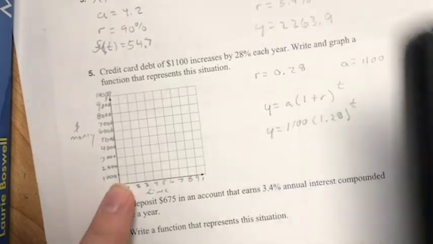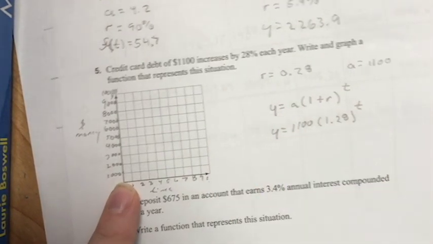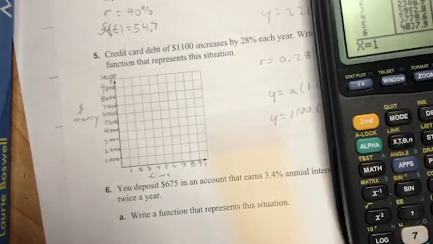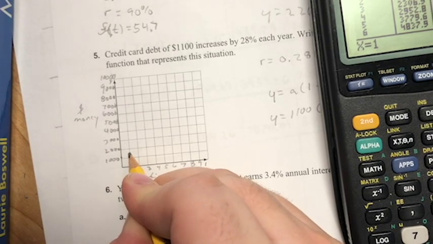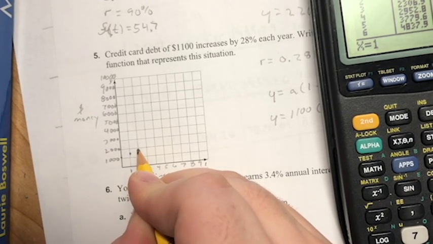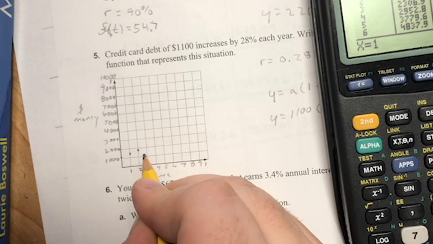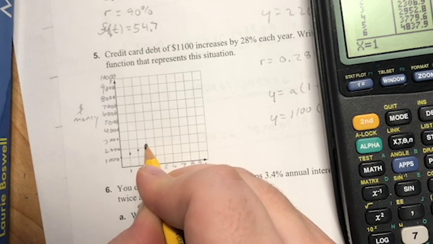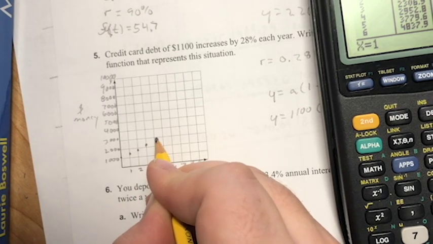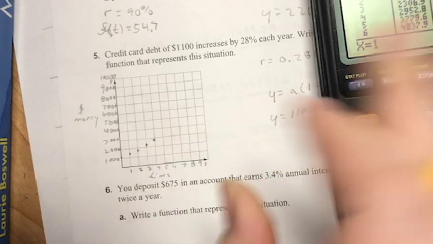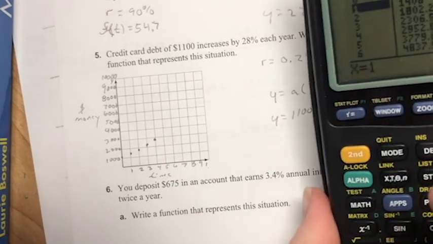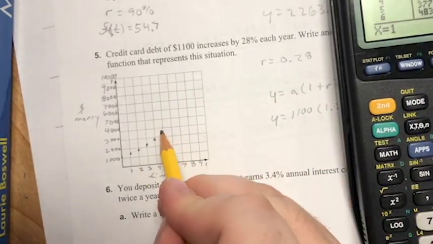And then if we go a little farther, 1 year would be about 1,408, so it's about halfway. 2 years would be a little bit more, and we can't be exact on this just because we don't have a very detailed graph. 3 years would be 2,300, so somewhere around here. 4 years would be 2,900, so that would be about here, and I'm having to use my table here. 5 years would be almost here.